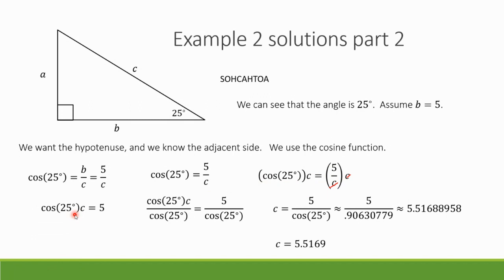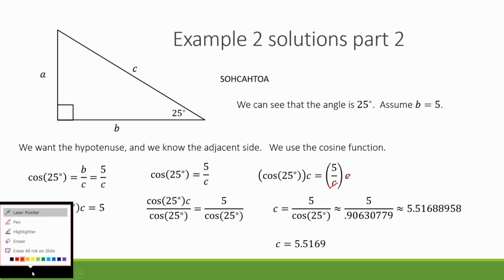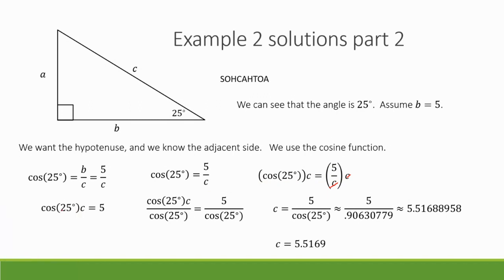We're not quite there yet because we want to get C all alone. What you can do is divide both sides by cosine of 25 degrees. When you do that, these cancel, as you can see.